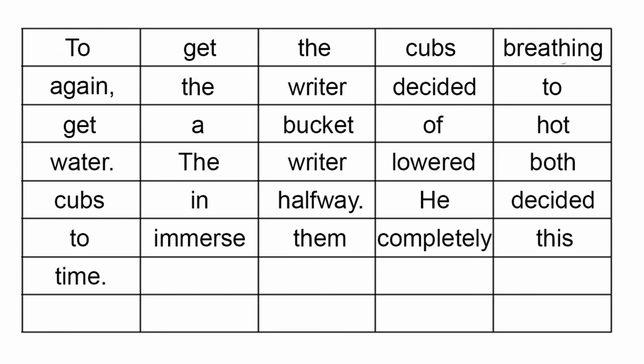Okay, another way of writing it is like this. Instead of writing each content point as one new sentence, we can actually combine them. Like this one, the writer lowered both cups in halfway, then decided to immerse them completely this time. So, lowered both cups, decided to immerse them.